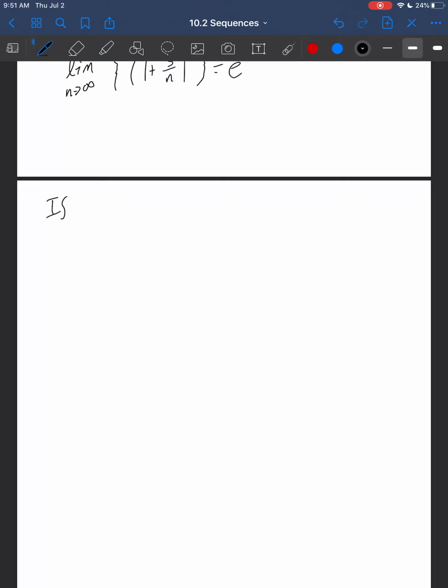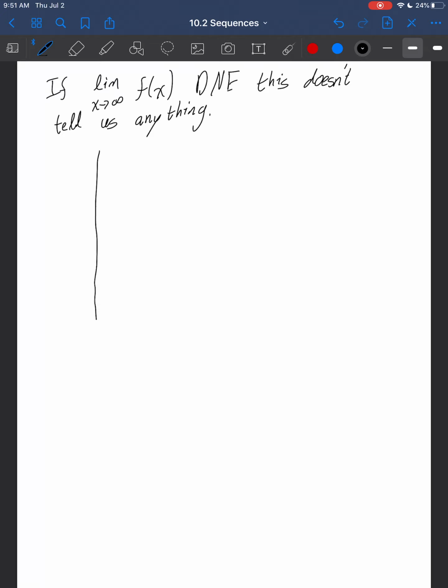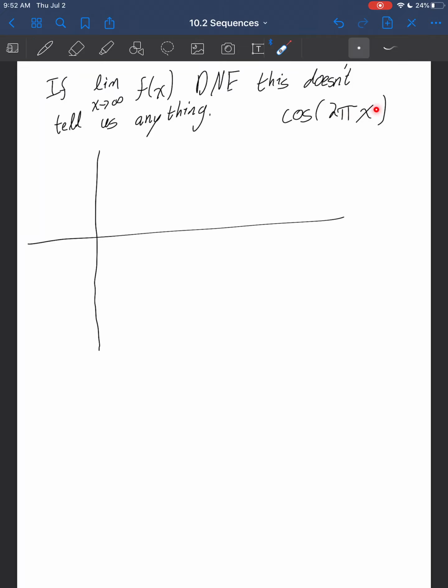So one very important thing to note about this is that if the limit as x goes to infinity of f of x does not exist, this doesn't tell us anything. So the standard example is if I take my function as cosine of 2 pi x, right?